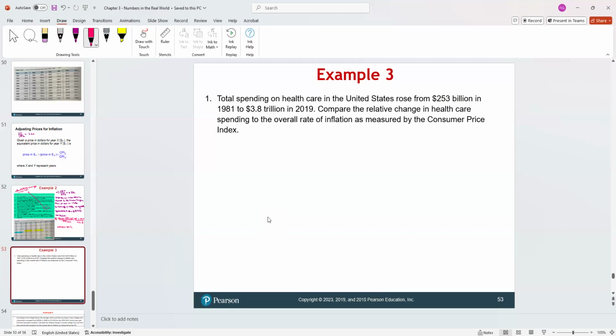So it's very quick, not a lot of years, about 30-something years, right? Compare the relative change in healthcare spending to the overall rate of inflation as measured by the consumer price index. That's something we're going to focus on.